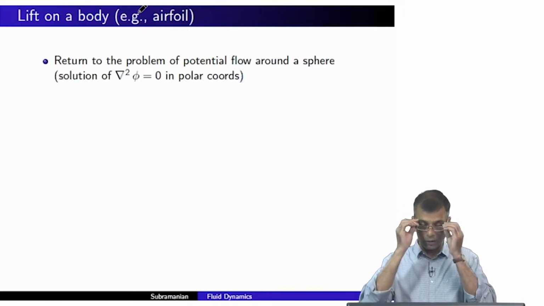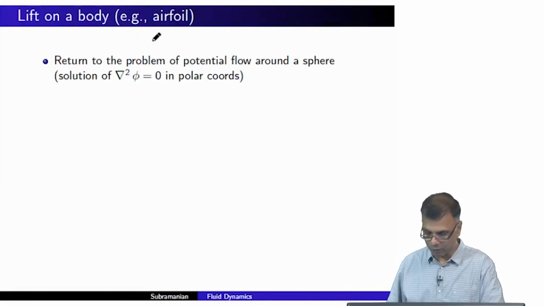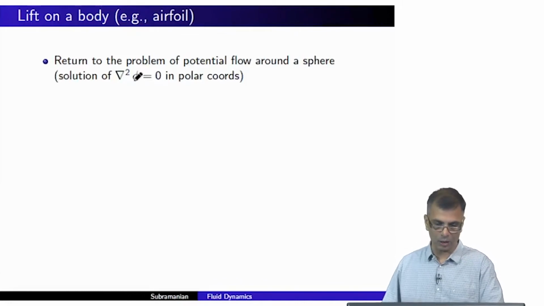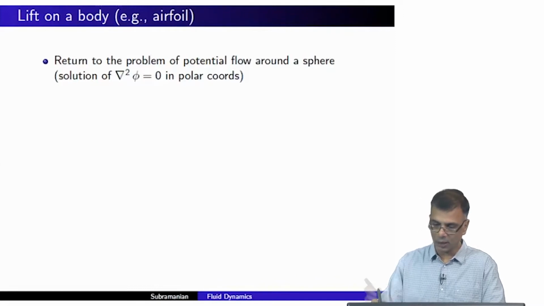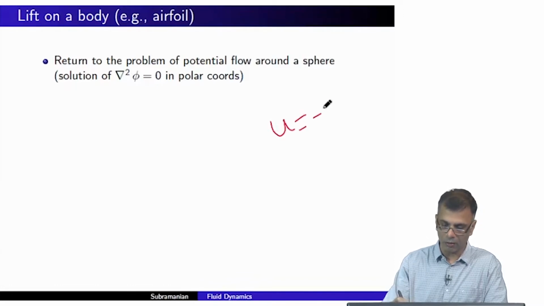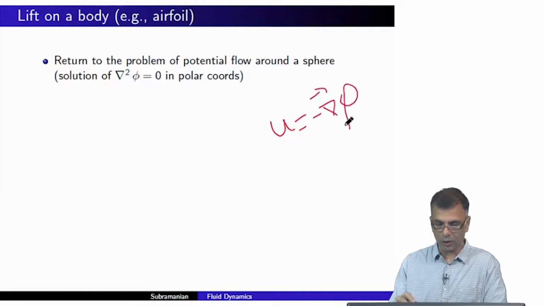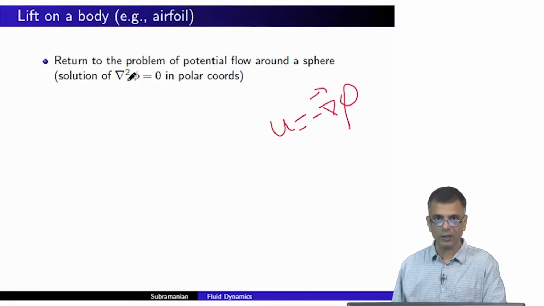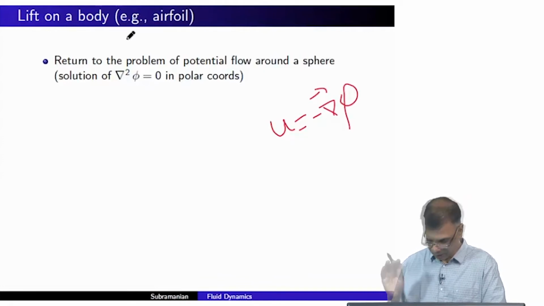Remember, essentially we had said that the problem of potential flow is a solution of del square phi equals 0, the Laplacian, where the velocity u would be equal to the gradient of phi. In other words, this phi is really the velocity potential.